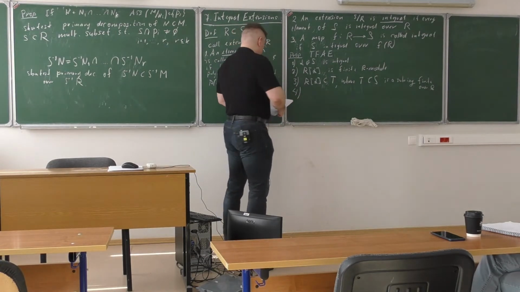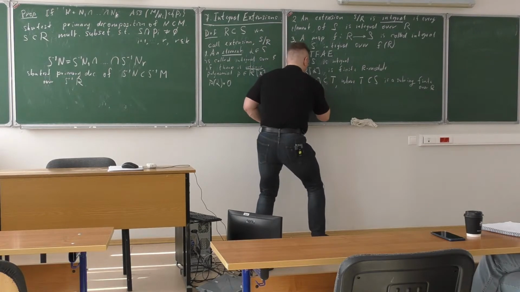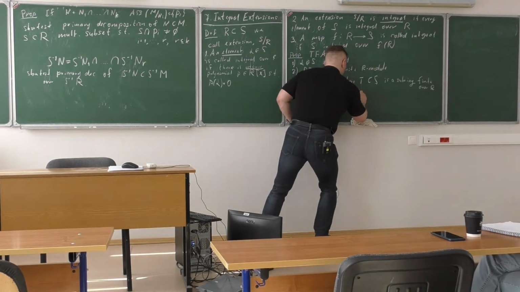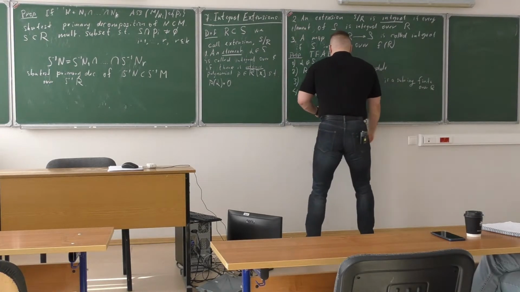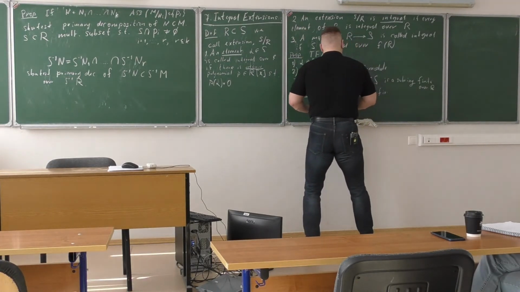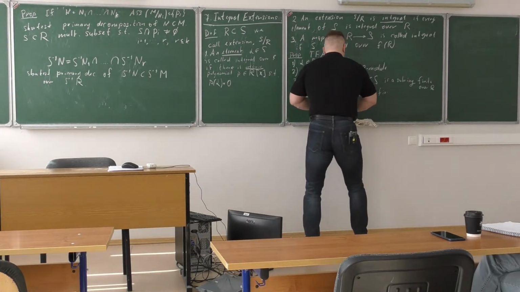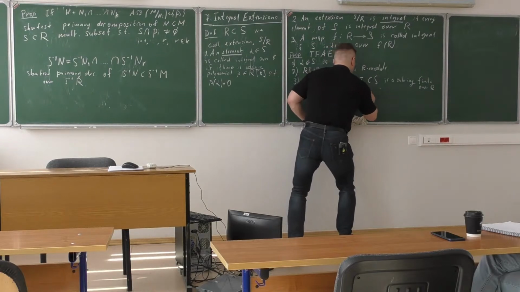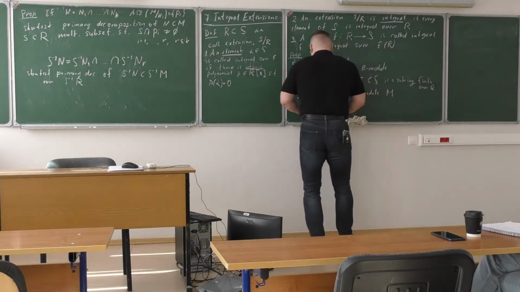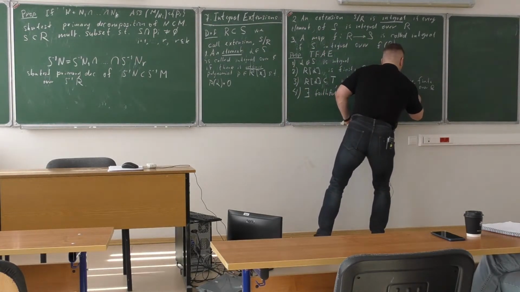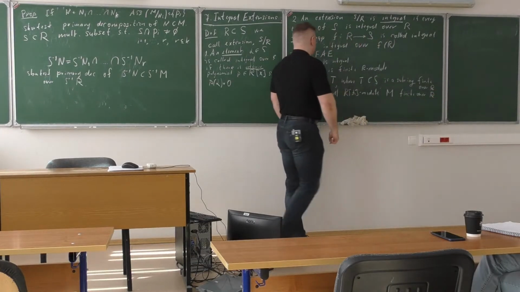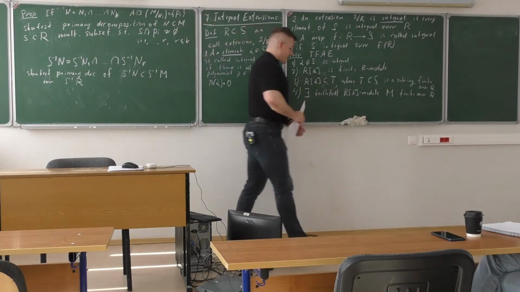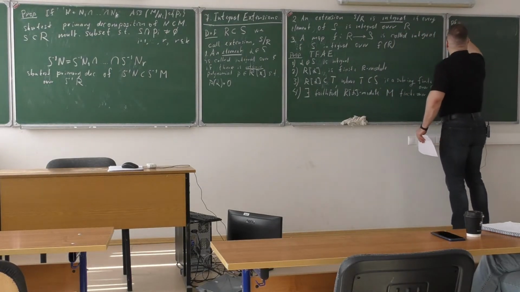And condition 4: there is a faithful R[alpha]-module M, finite over R. Okay, so the proof of this is not very hard.